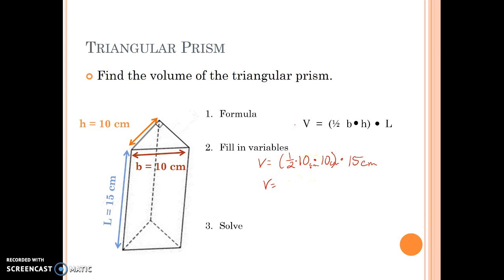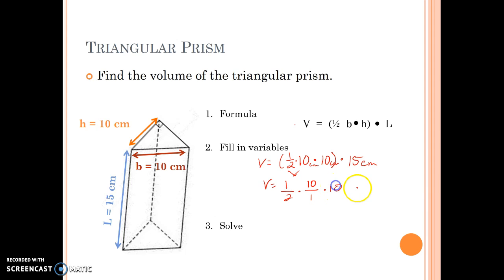Okay, how are we going to do this? Let's take these two and multiply those. Volume equals 1/2 times 10. How do I do that? Well, when I multiply a fraction by a whole number, I'm going to multiply the numerators and multiply the denominators.